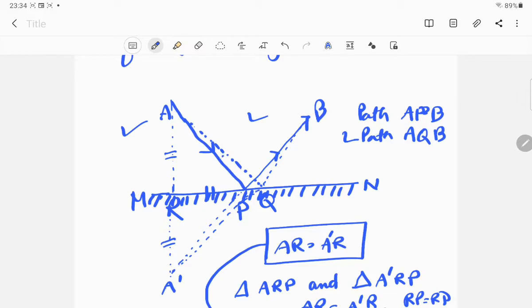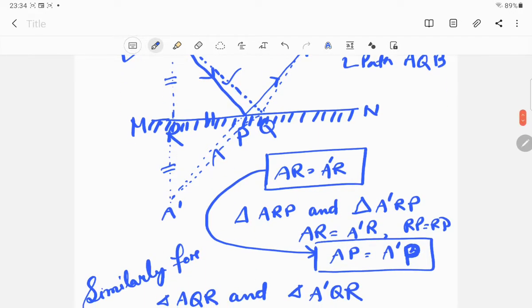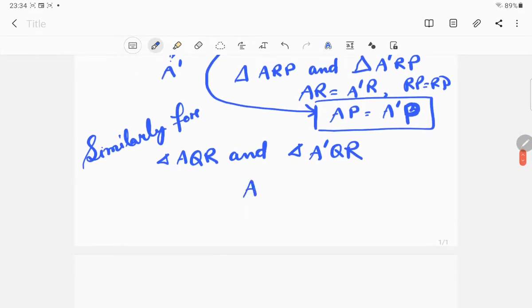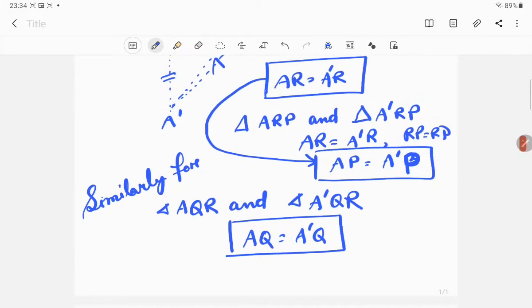So what will happen? AQ is equal to A dash Q. So we have AQ equal to A dash Q, and that is also coming from this concept.